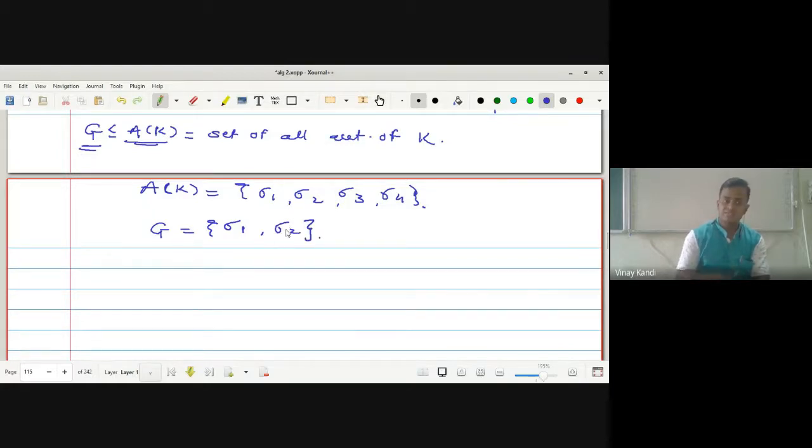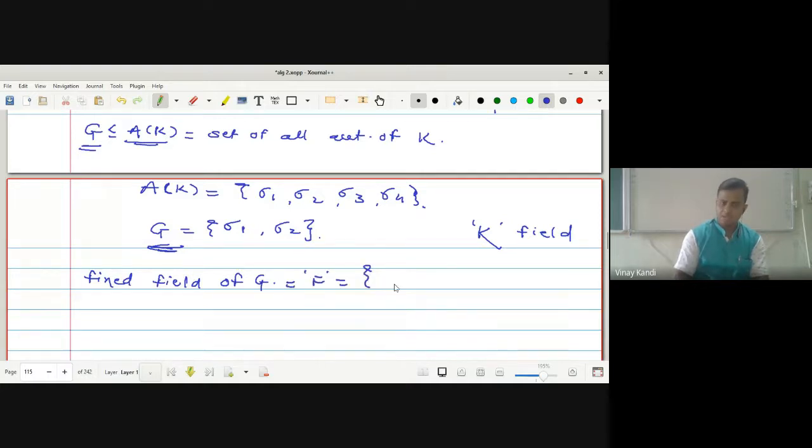What is the fixed field of G? This is your K, the field. What is the fixed field of G? Suppose this fixed field is F.